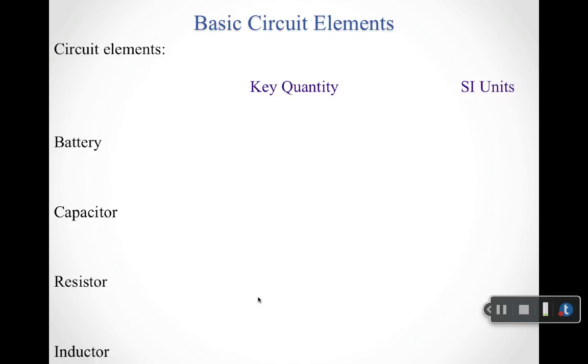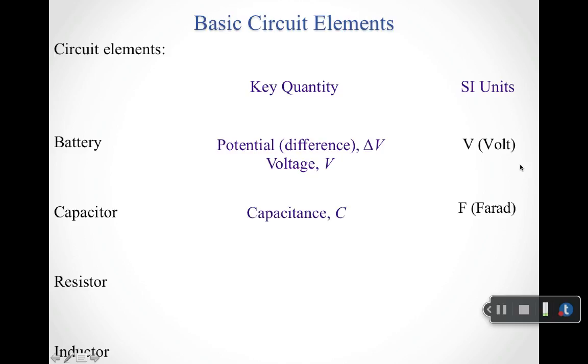In terms of units, the battery's key quantity is going to be the potential difference, voltage. All these are really the same thing when you're talking about what's going on within a circuit, so we'll use these phrases interchangeably. The unit that we're going to use for this will be the volt. For the capacitor, its key quantity is going to be the capacitance.